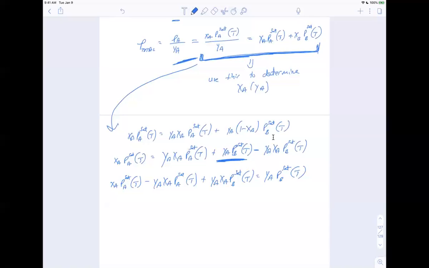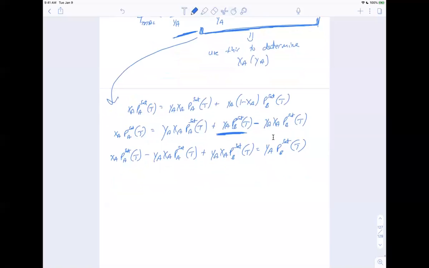And there's an xa in all of the terms on the left-hand side, so I'm going to factor that xa out. That's going to give me xa times (PA sat of T minus ya times PA sat plus ya times PB sat), and that's all equal to ya times PB sat.